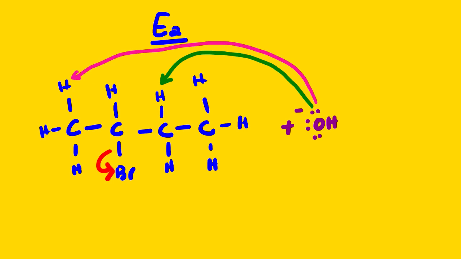So the pink one, I'm going to use this color to represent the deprotonation of this hydrogen here. And then the green one, I will use this color for the structure. So let us start with the green one. The green one, we are going to have this forming a bond here.